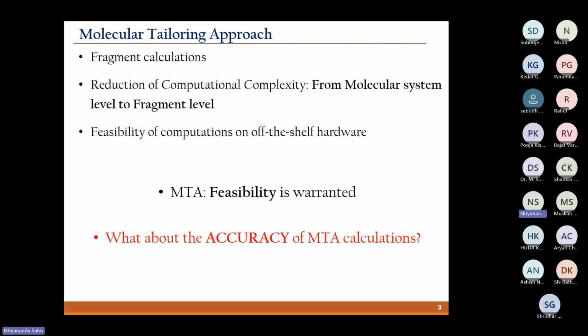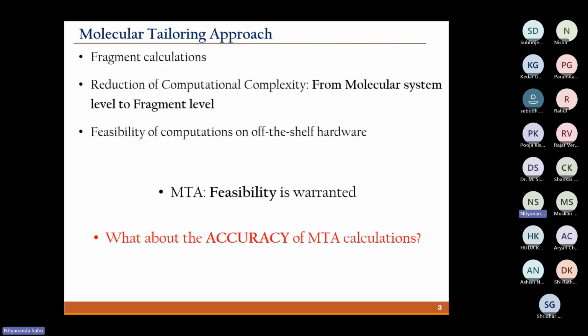MTA basically provides you the feasibility of doing the calculations. In general, where the conventional programs fail, MTA starts its work. With MTA, we can do large calculations on small hardware. But let's talk about the accuracy of MTA calculations.